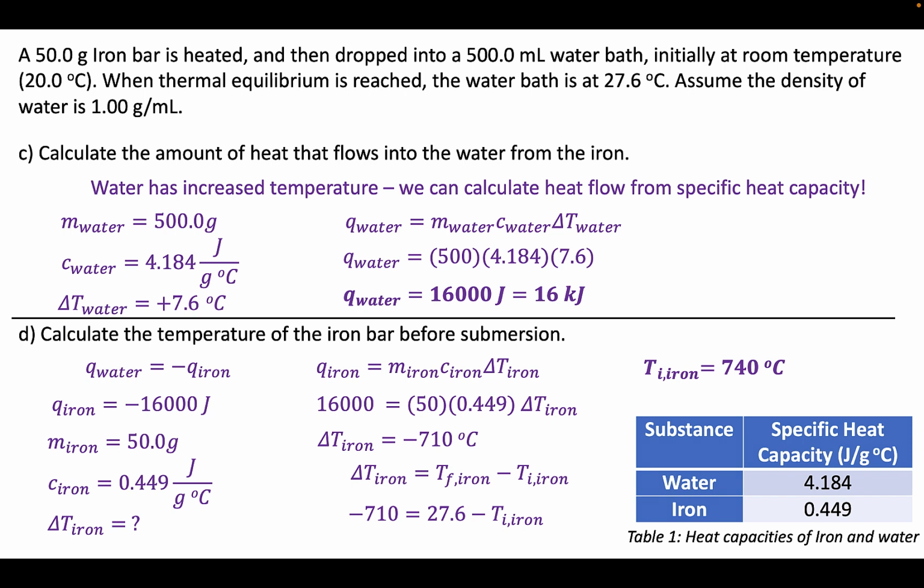The heat capacity of water is very high, about 4, whereas that of iron is about 0.4. So it takes 10 times as much energy to bring water up 1 degree as iron. Therefore, if there's 10 times as much and it takes 10 times the energy to increase a single degree, it does make sense that the iron has had 100-fold more temperature change than the water.